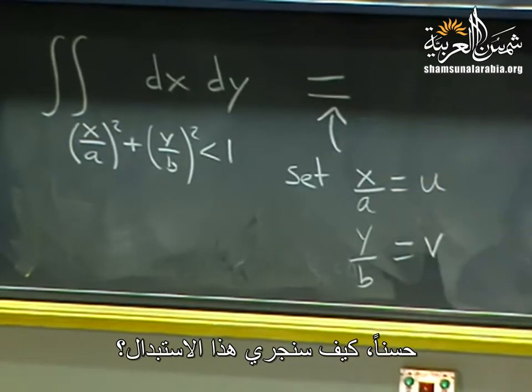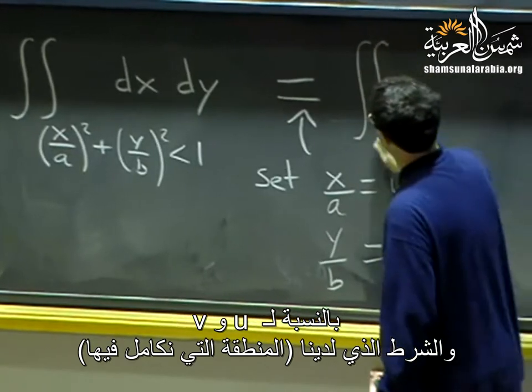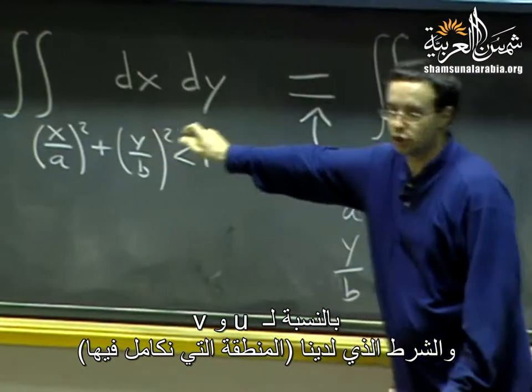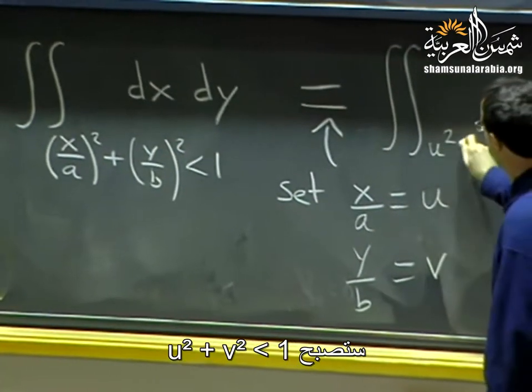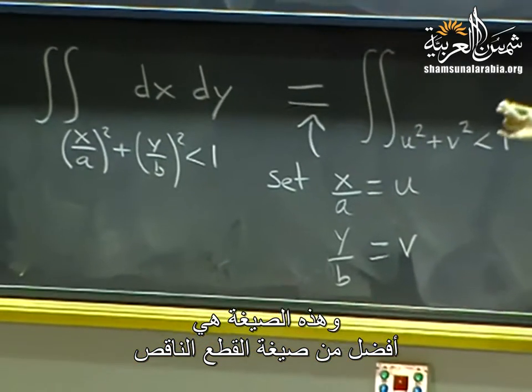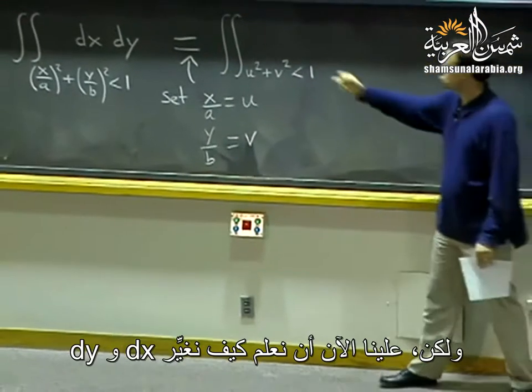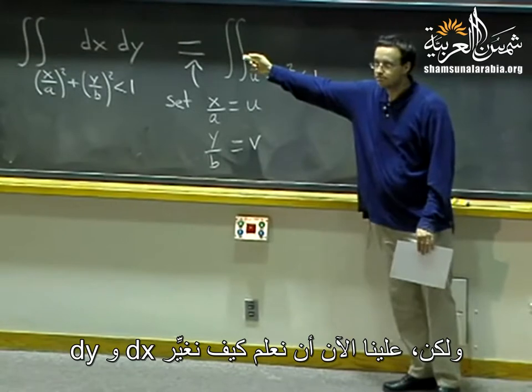So how do we do the substitution? In terms of u and v, the region that we're integrating on will become u squared plus v squared less than 1, which is arguably nicer than the ellipse. That's why we're doing it. But we need to know what to do with dx and dy.